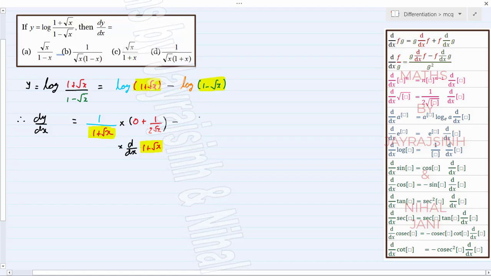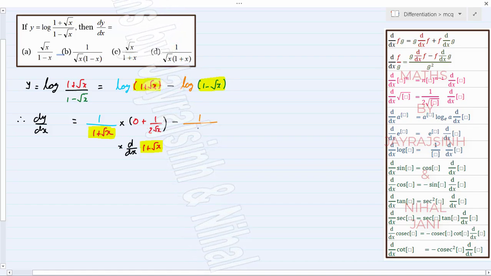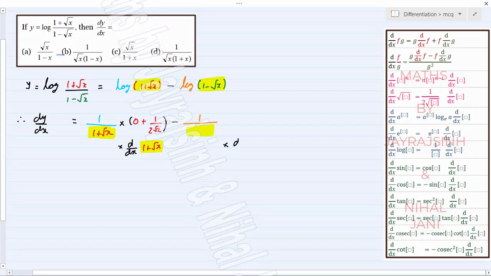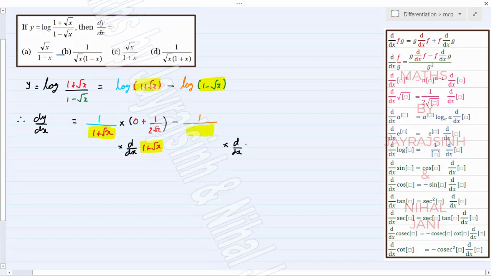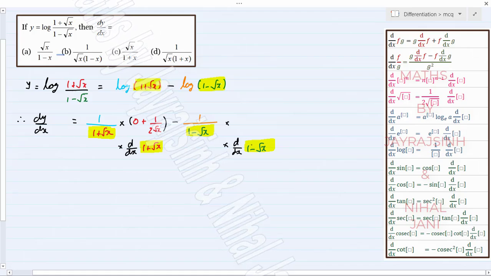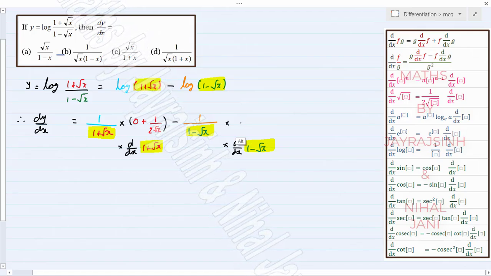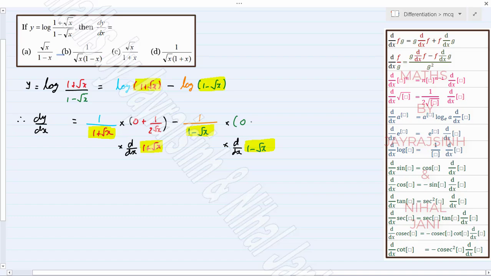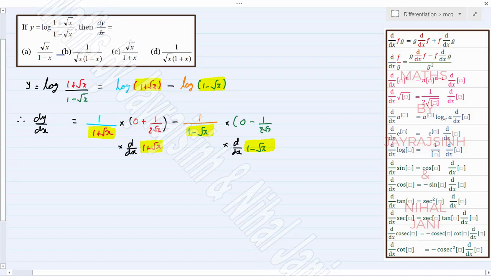So we will get 1 upon box into differentiation of box. Here we have 1 minus root x within the box. So its differentiation will be 0 minus 1 upon 2 root x.